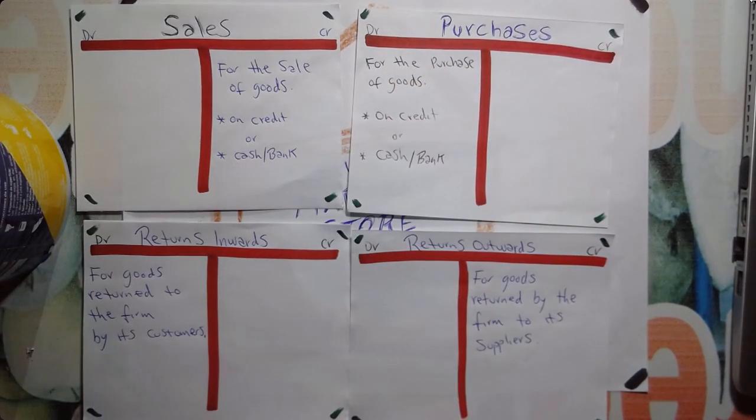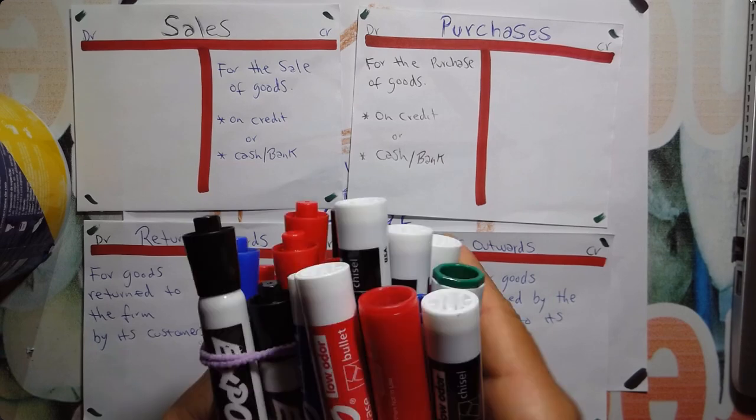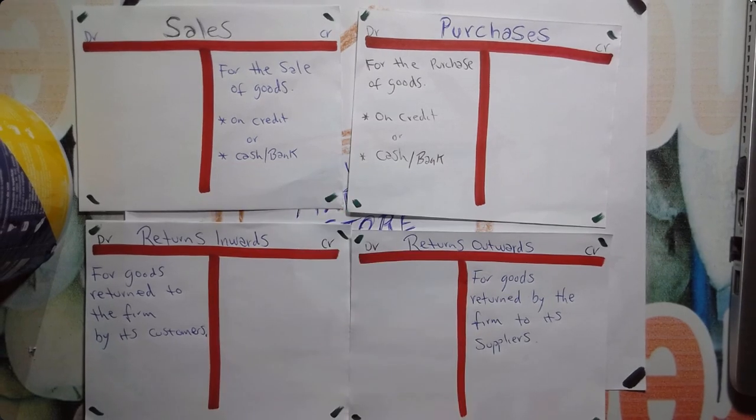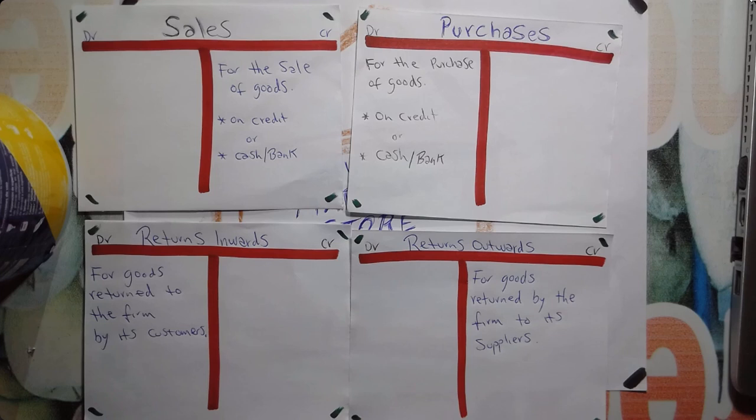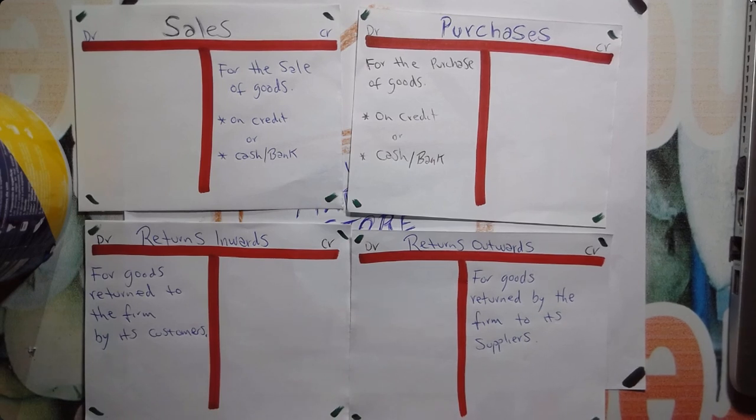And you can use the same inventory I had here to understand return inwards and outwards. But to be honest with you, I will give you a different example next class, or two examples rather, so perhaps you understand better.